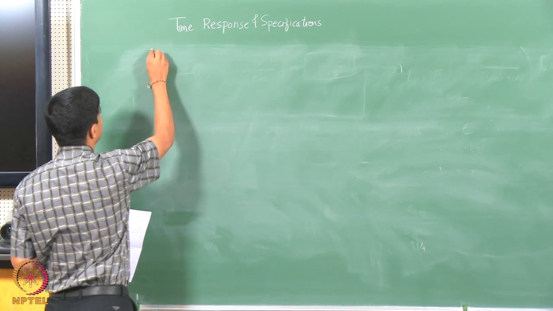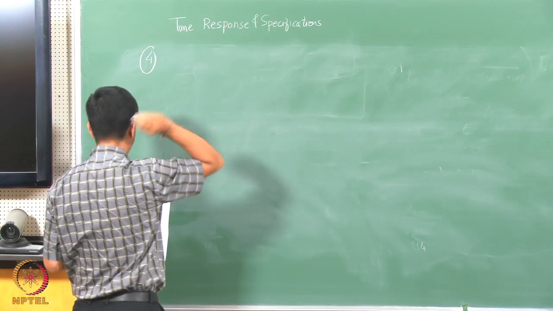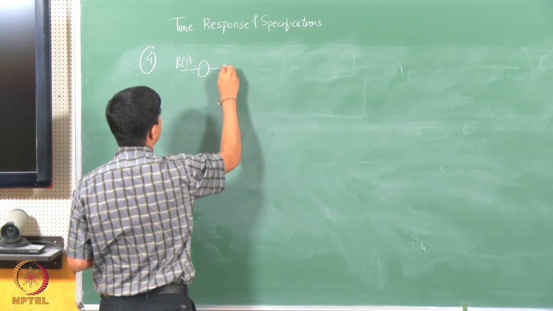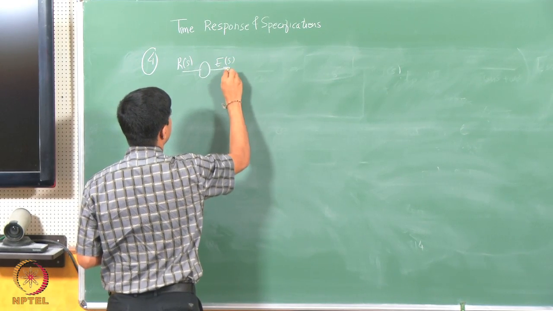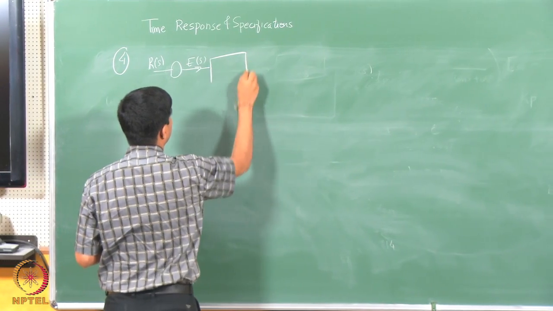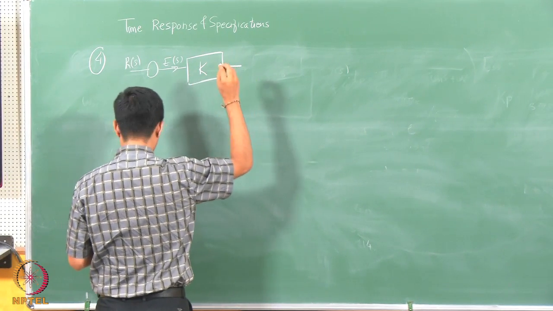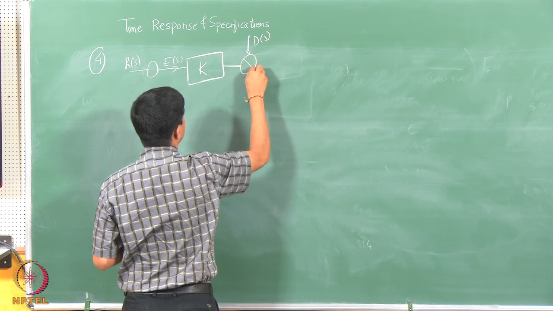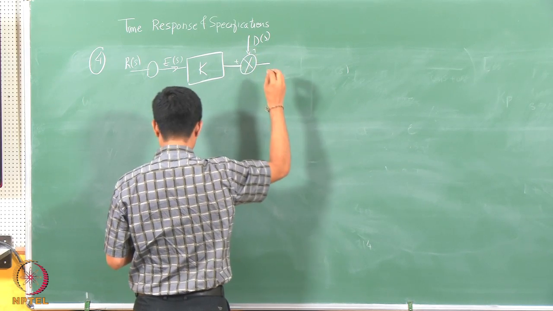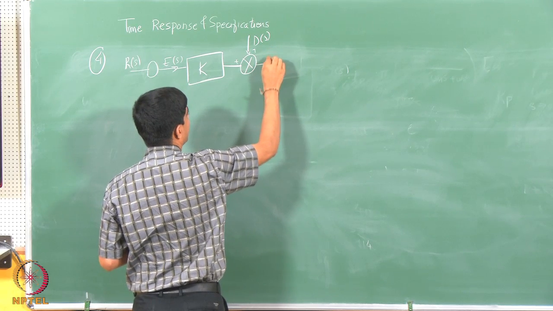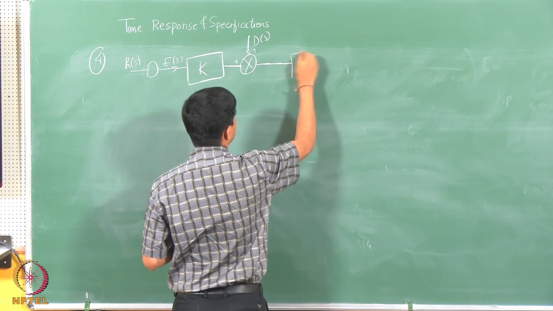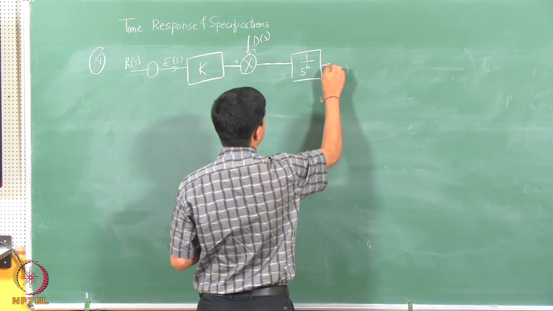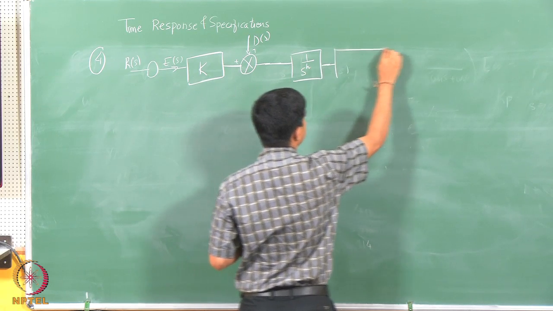Okay. So, in the last problem, I am given a system which looks like this: R of s, E of s, I have a gain k, I have a certain disturbance, and then I have a plant which looks like this: 1 over s to the power h, where h is any number or any integer value.